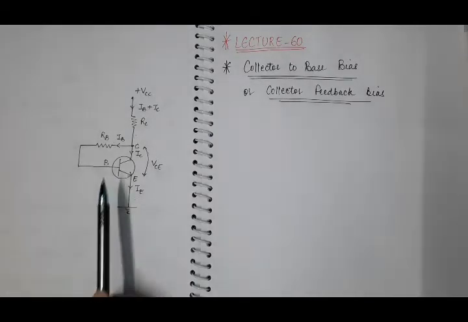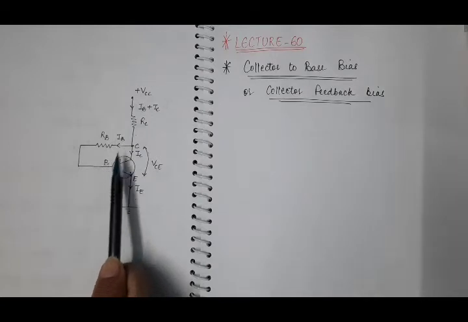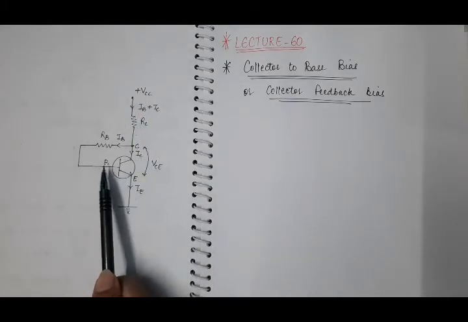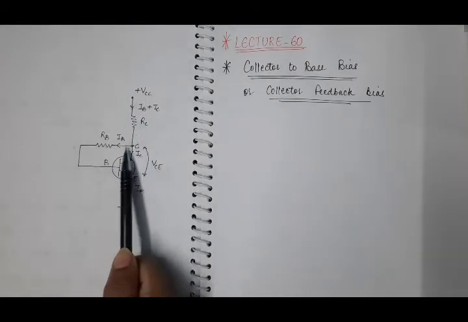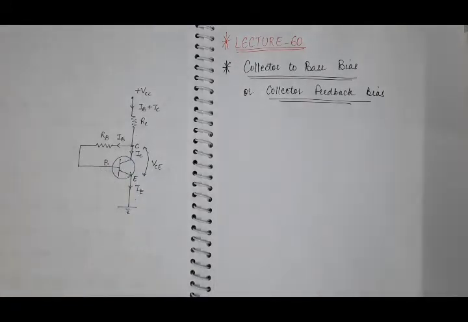So here the biasing of the base is not done by plus VCC, but is because of the voltage between these two terminals, meaning VCB. So biasing of the base in this method is done by VCB.